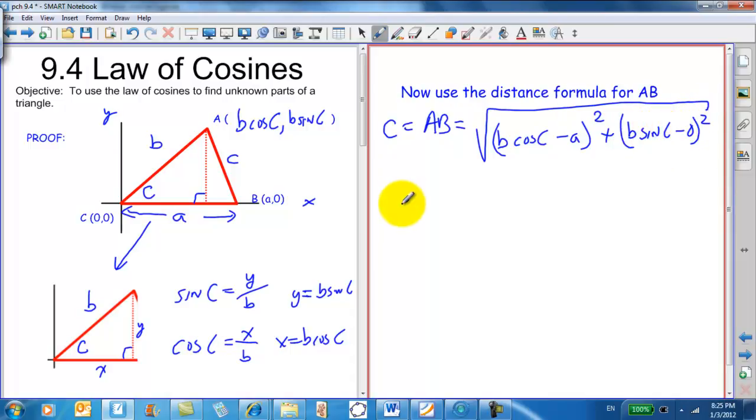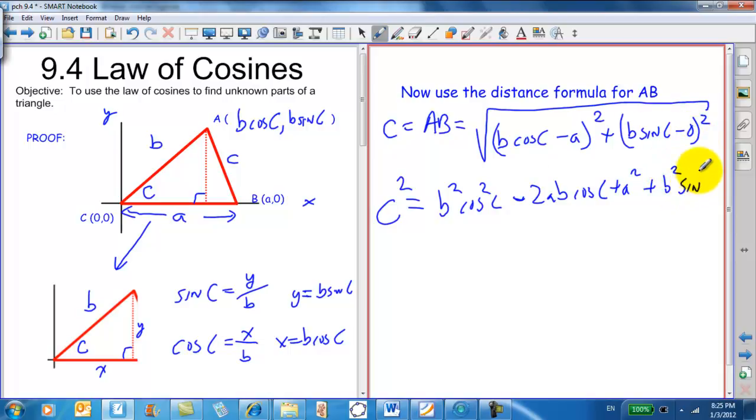So we square both sides, and we get c squared equals, and that'll get rid of the big square root. And then we start expanding this, so it's going to be b squared cosine squared C minus 2ab cosine C plus a squared plus, and the minus 0 just disappears, so we get b squared sine squared C.